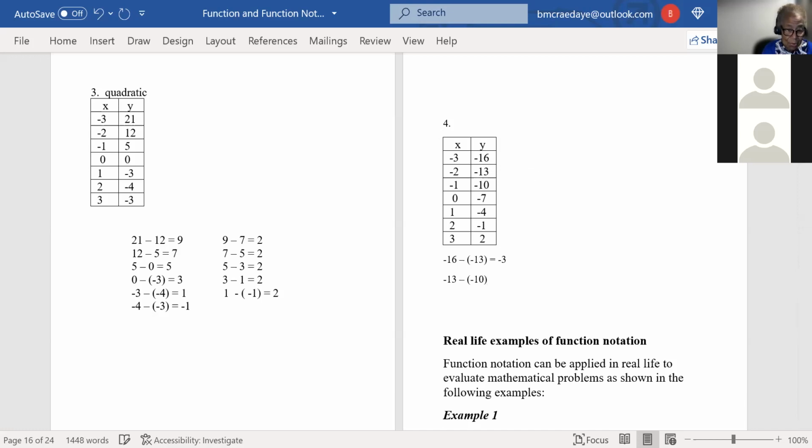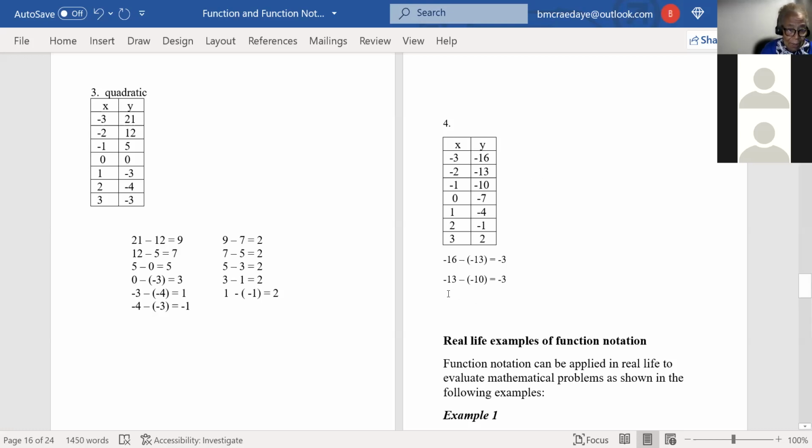What's that equal to? A minus 10 is a plus 10. So a minus 13 and a plus 10 give you what? A minus 3. That's it, minus 3.